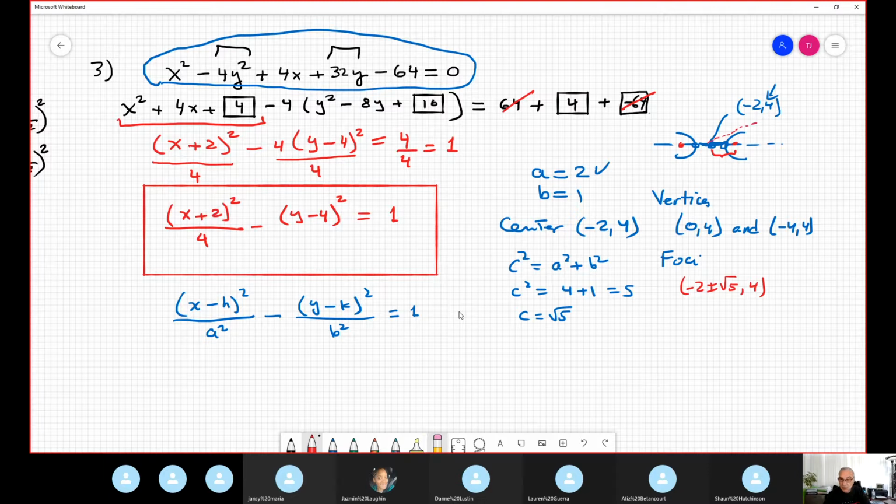Two asymptotes. The asymptote is located at the point y minus k, k in our example is 4, this is k, this is h. So minus 4, plus or minus, b over a. The formula is y minus k is equal plus or minus b over a, parenthesis x minus h.